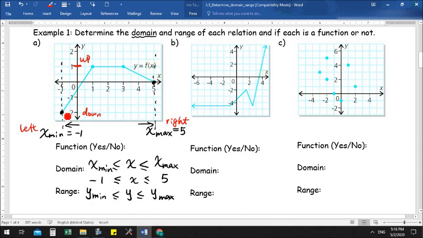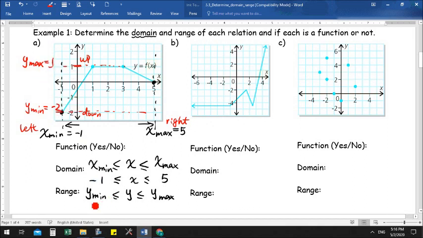Okay, from the very low point on your graph to the very high point, the highest point on your graph. This is your y maximum, and the lowest point on your graph is your minimum of y. So this one is -2, this one is +1.